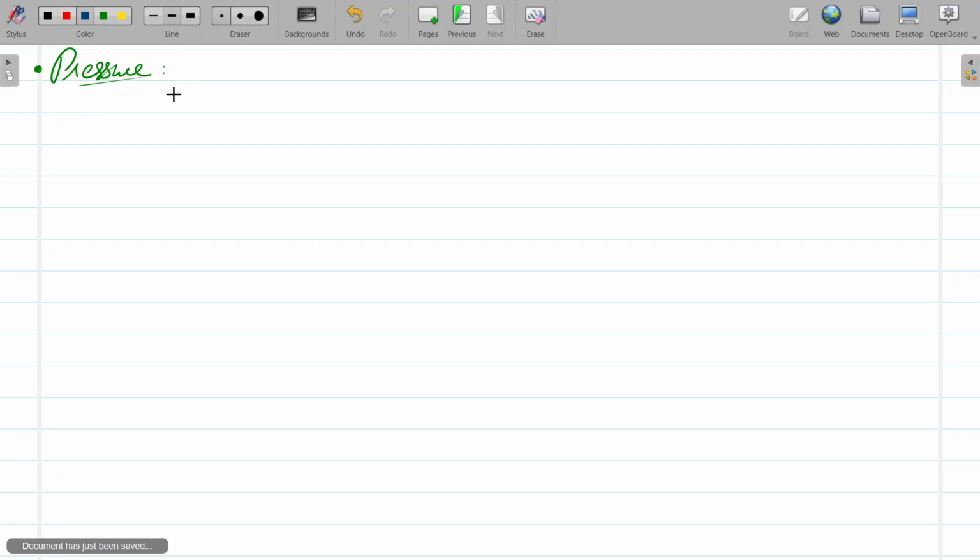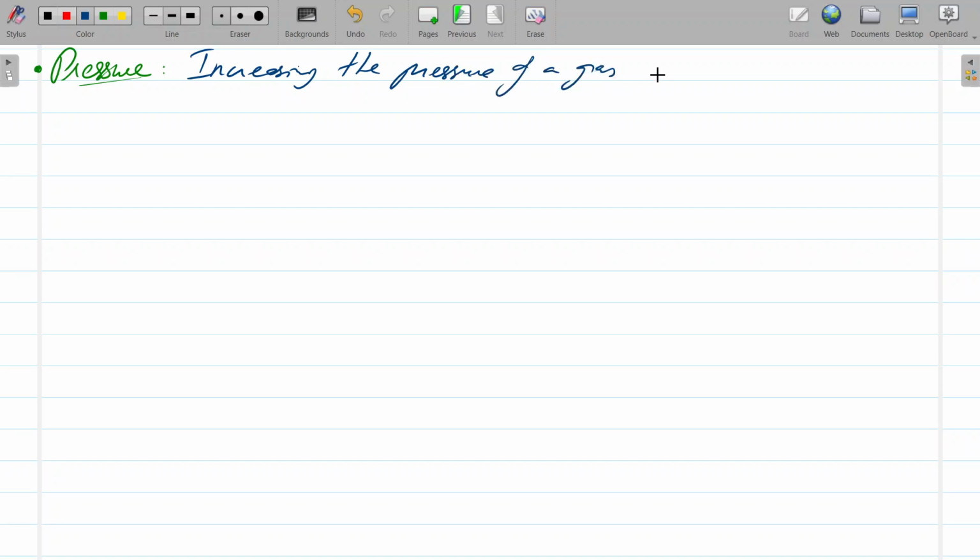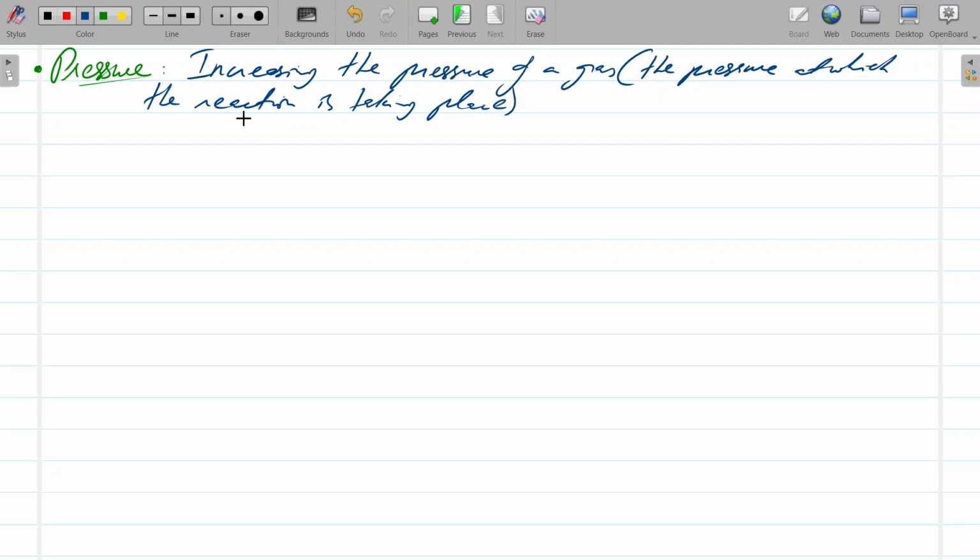Basically, when you increase the pressure at which the reaction is being carried out, in which gases are involved, the reaction is taking place and obviously the reactants are gases, or at least one of them is a gas.